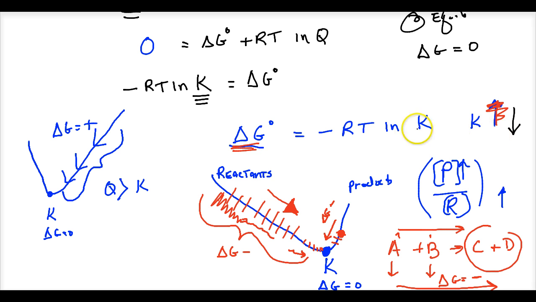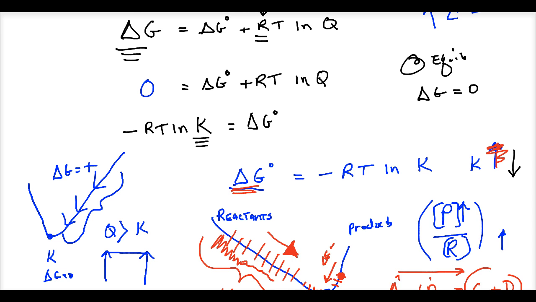So low K makes this a negative number, a number smaller than 1, gives you a negative number here, makes this whole expression positive, and therefore your delta G is going to be positive, and non-spontaneous. So the link is very important. What is the Q compared to the K, and where are you in the reaction?